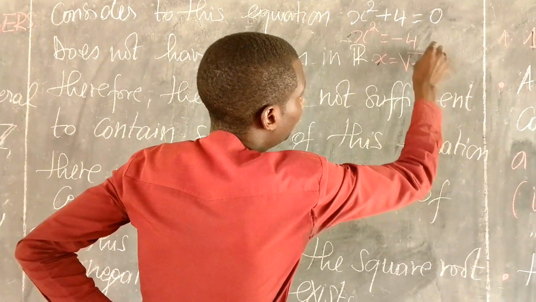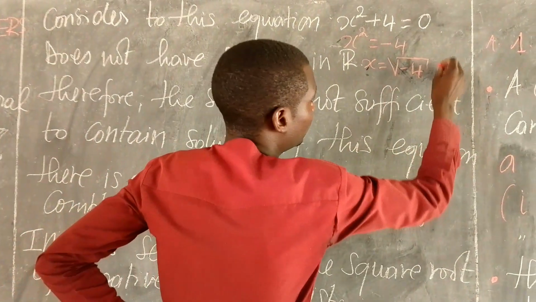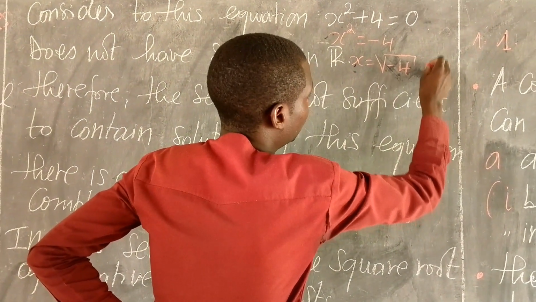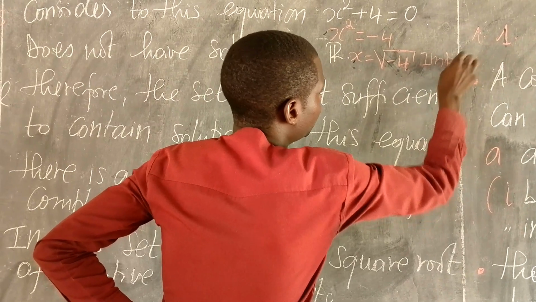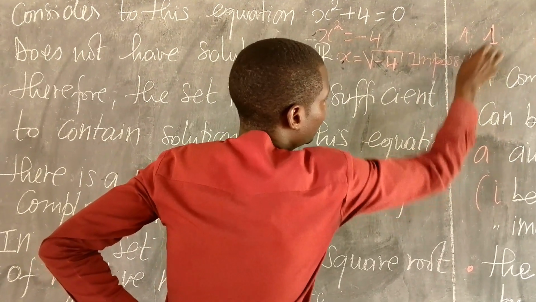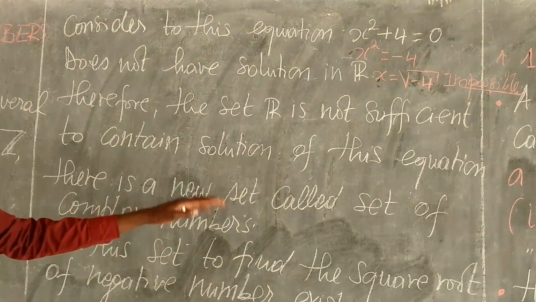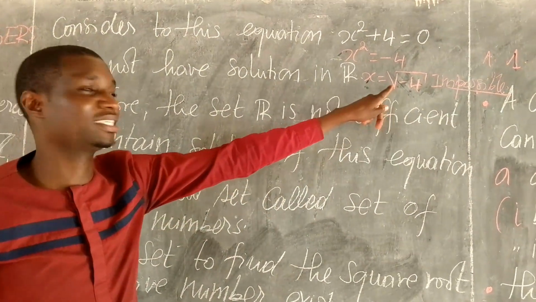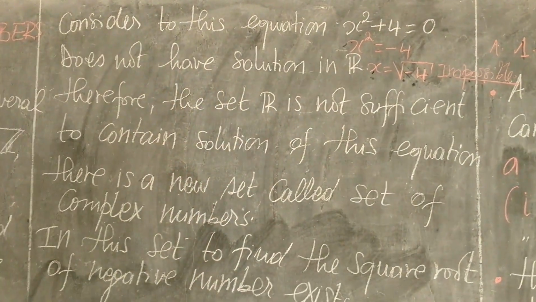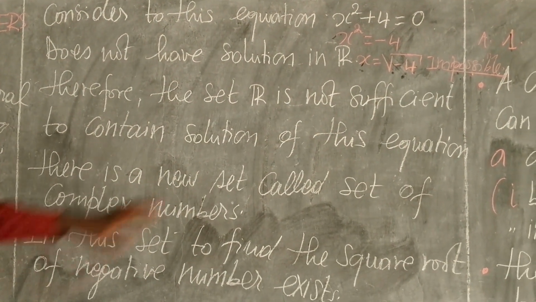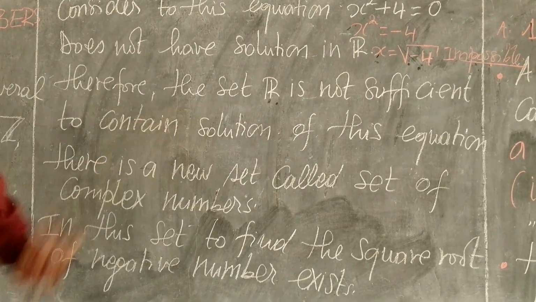We have learned that finding the square root of negative 4 is not possible. But in this new set, finding the square root of negative 4 is possible. Therefore, the set of real numbers is not sufficient to contain the solution of this equation.